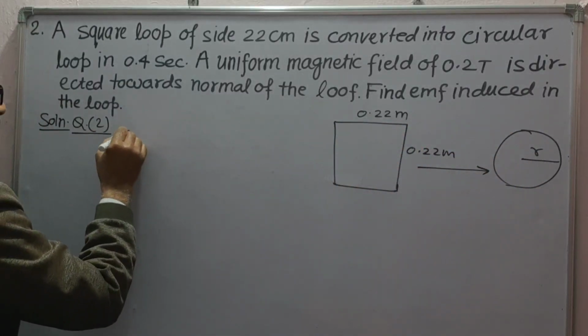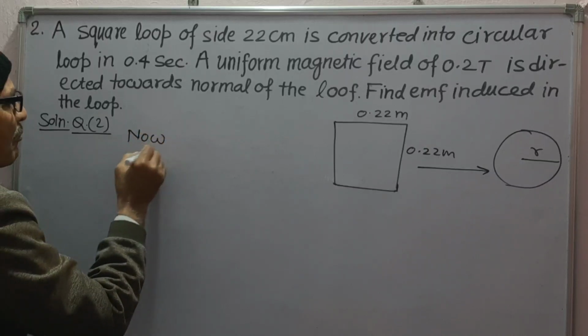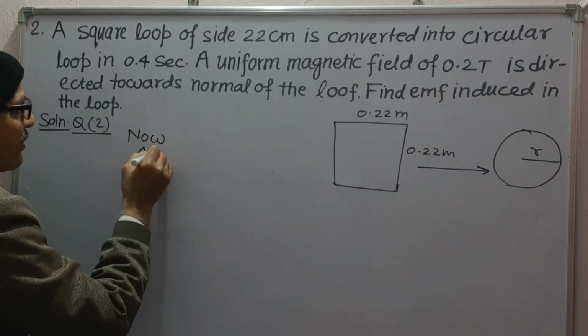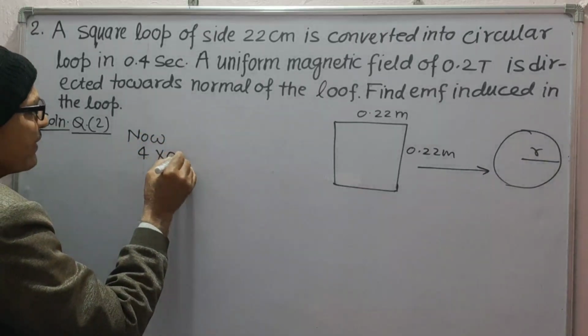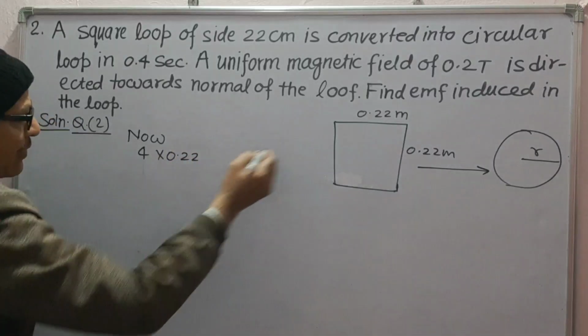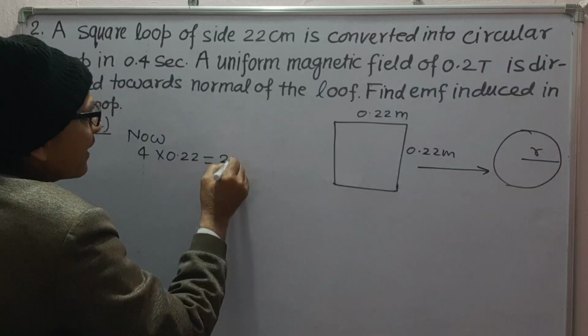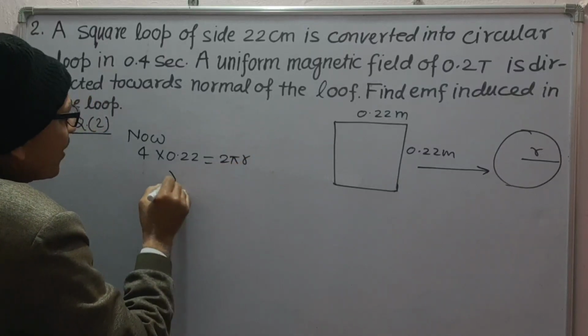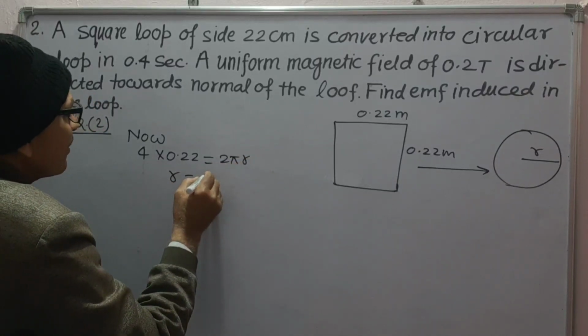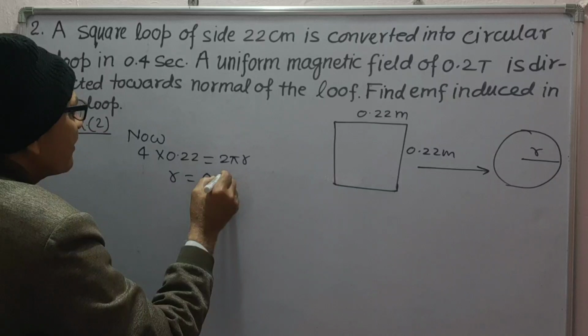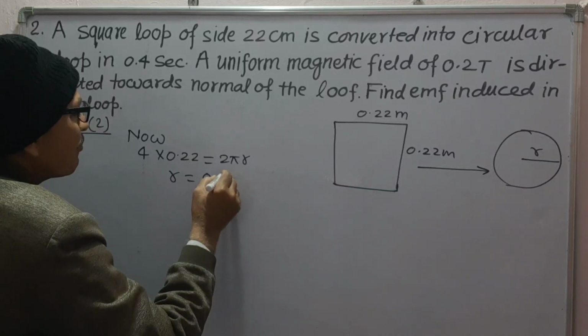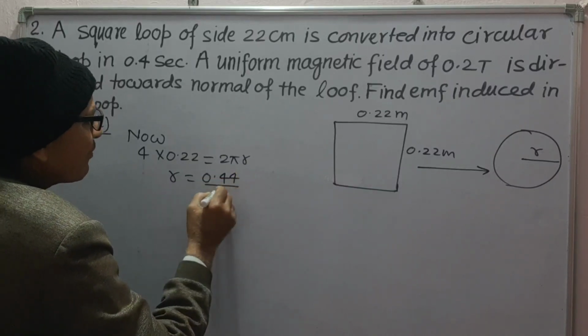Therefore 4 into 0.22 will be equal to 2 pi r. So r will be equal to 0.44 upon pi.